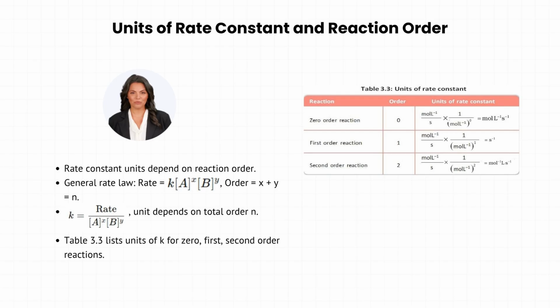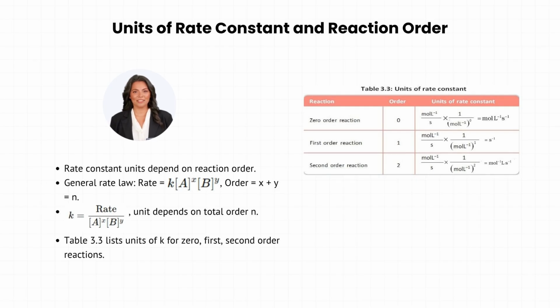For zero-order reactions, k has units of molarity per second, mole per liter per second. For first order, it's simply reciprocal seconds, per second. For second-order reactions, it's liters per mole per second. Table 3.3 outlines these units clearly.